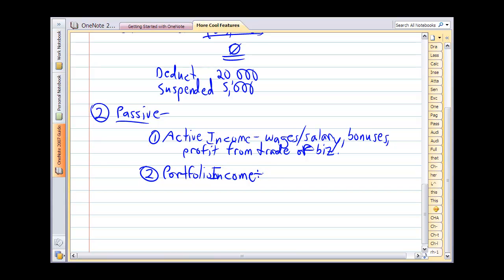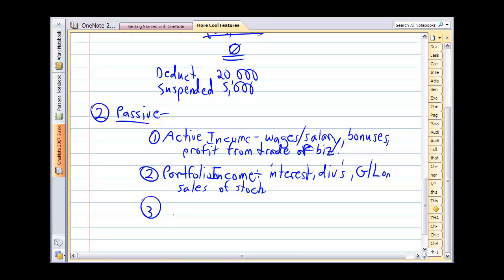It'd be royalties, like from an oil and gas property or something else. So let's write that down: interest, dividends, gains and losses on sales of stock. Stock in general; there's other investment property you can have other than stocks, like land that you're holding for an investment. That would also give rise to portfolio income.